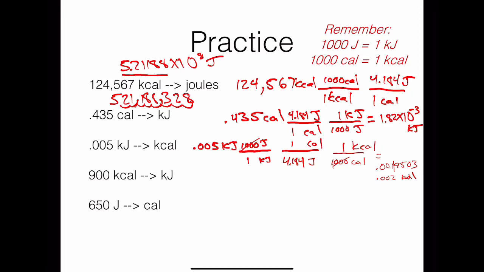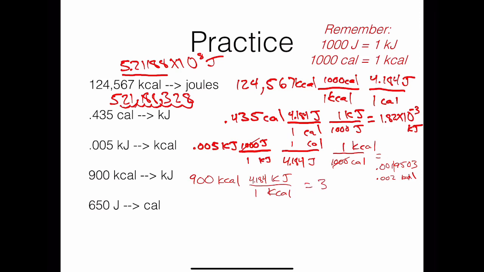The next one, let's try our shortcut here because we know we can go directly from kilocalories to kilojoules. So if we're starting with 900 kilocalories, we can convert directly from kilocalories to kilojoules using the same conversion as we did between joules and calories. So we know 4.184 kilojoules to 1 kilocalorie, and then we can multiply here 900 times 4.184.